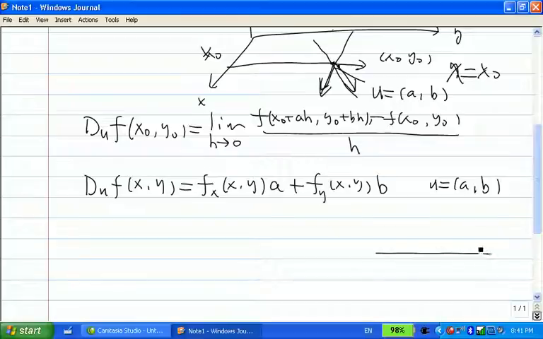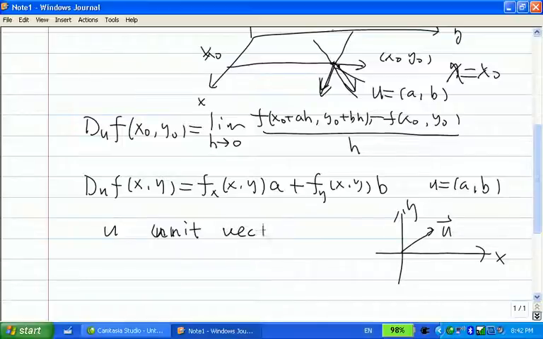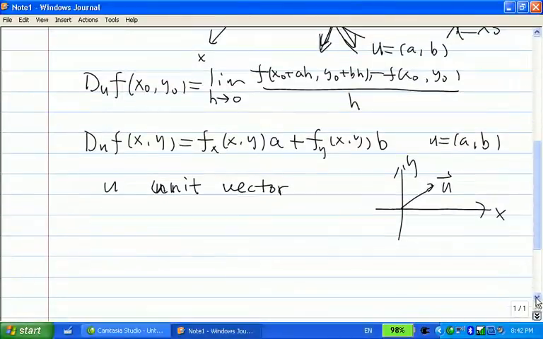Very important: u must be a unit vector. In other words, if you want to use this formula to find the directional derivative, you have to make sure that u is a unit vector. Otherwise, your answer will be wrong.